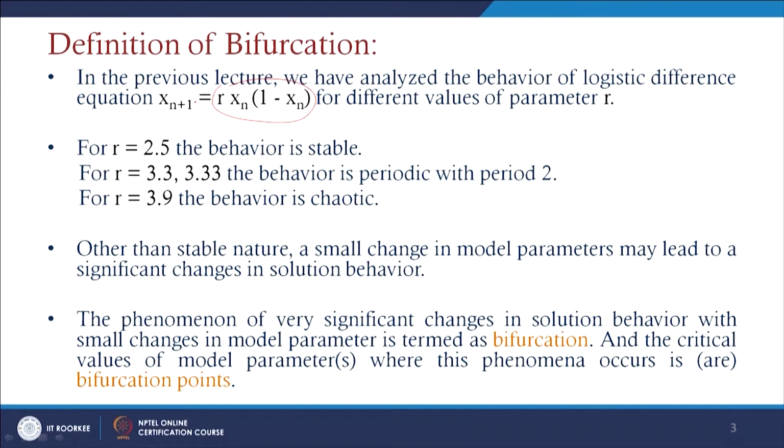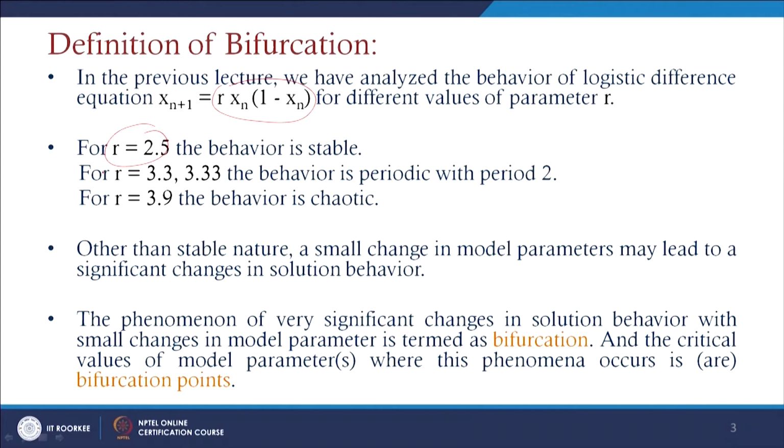For r equals 2.5, we found that initially it takes a sharp variation, and after that it achieves stability, and we say that the behavior is stable in that phase.